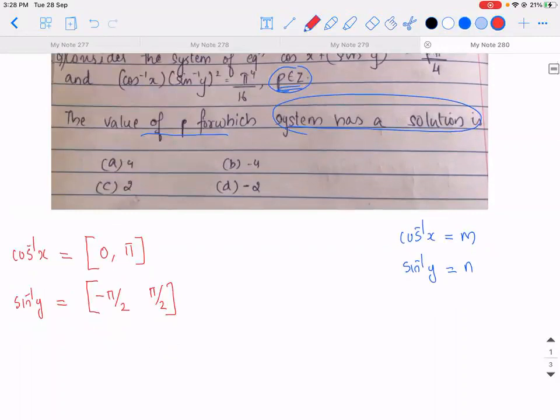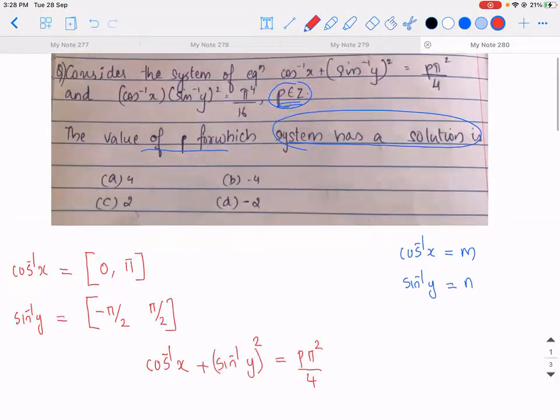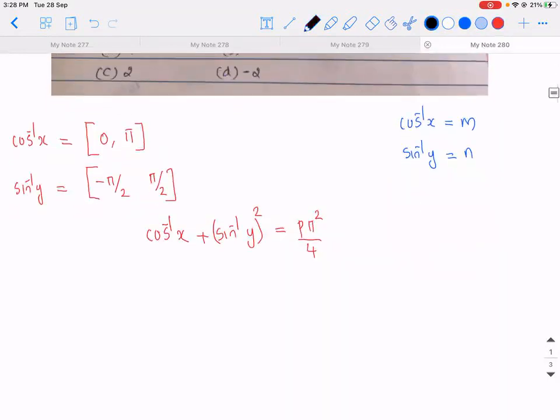The first equation was (cos inverse of x plus sine inverse of y) whole square is equal to p pi square over 4. So cos inverse of x we keep as m, and sine inverse of y whole square we write as n square, and that is equal to p pi square over 4.